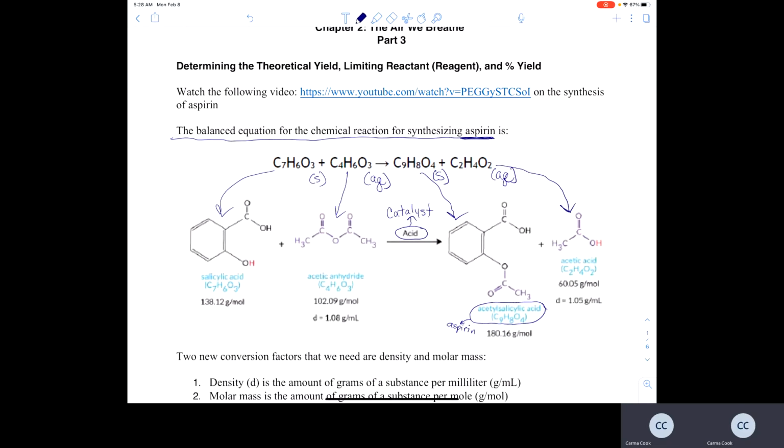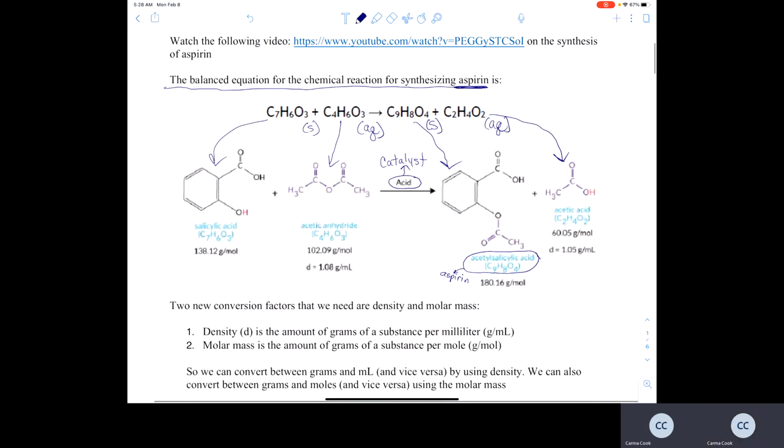So now we're going to look at our balanced equation for this chemical reaction that we just saw. And so the salicylic acid is C7H6O3, added to the acetic anhydride aqueous solution, which has the formula C4H6O3.